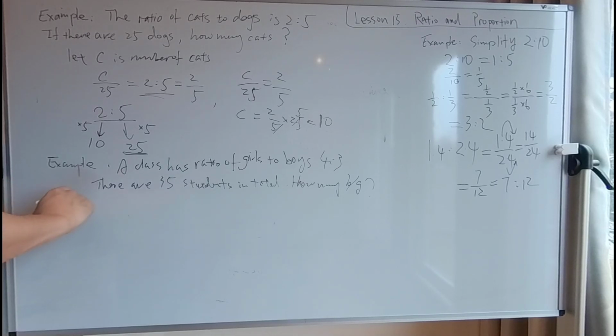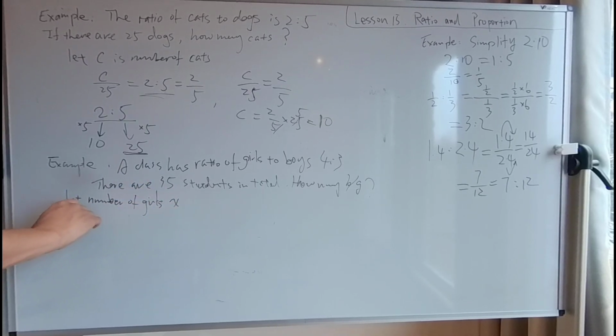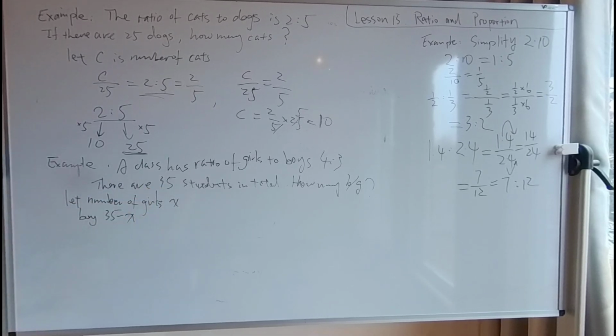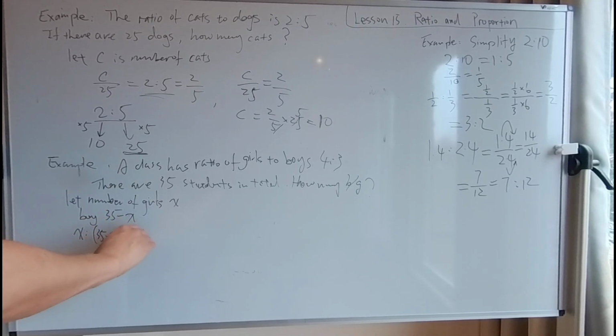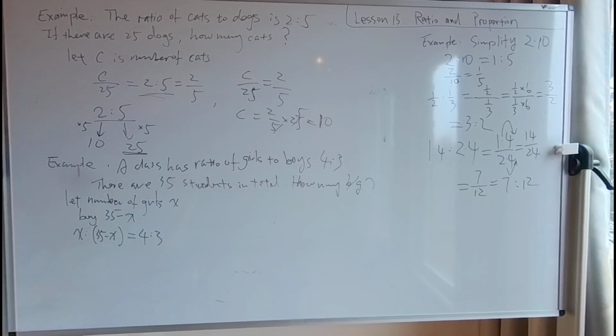You can let the number of girls be x, then the number of boys will be 35 minus x, because there are 35 students in total. Then for girls to boys, the ratio is 4 over 3. So converting the ratio to a fraction, you get x over 35 minus x is 4 over 3. And then you can solve for x from this equation to get your results.